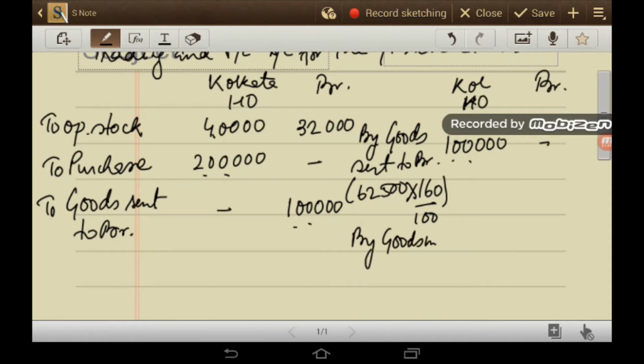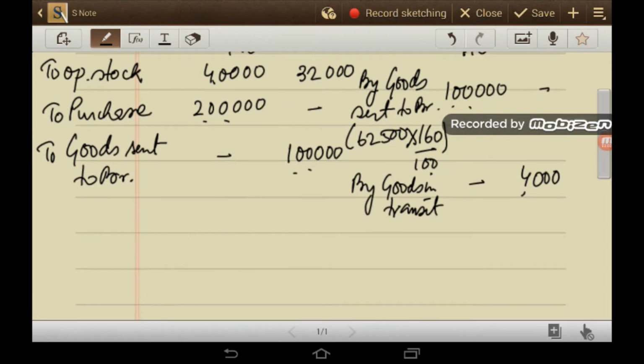So goods in transit will be in branch 4,000, 1 lakh minus 96,000. Then the next item is sales. So by sales we have 1,70,000 and 80,000.